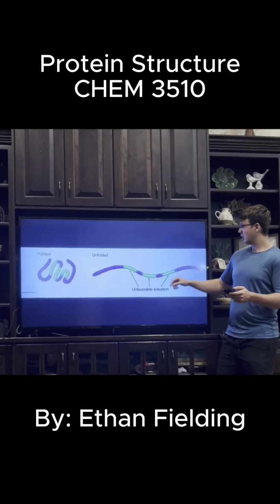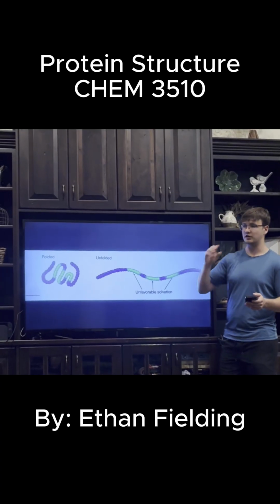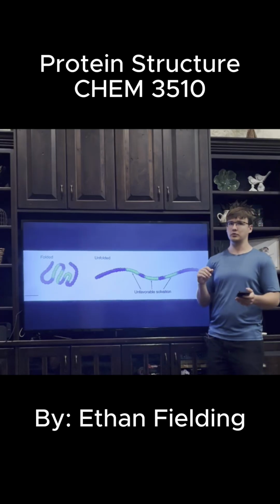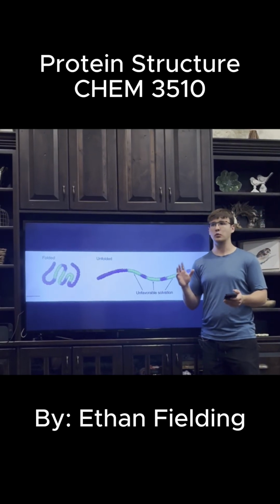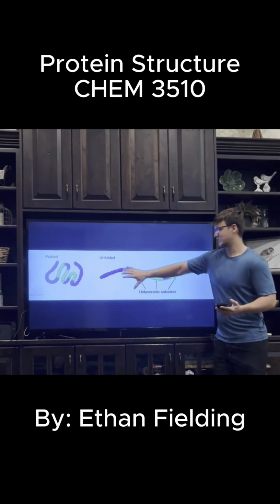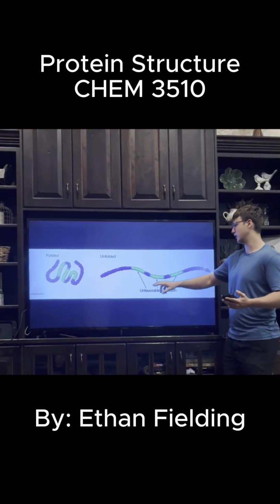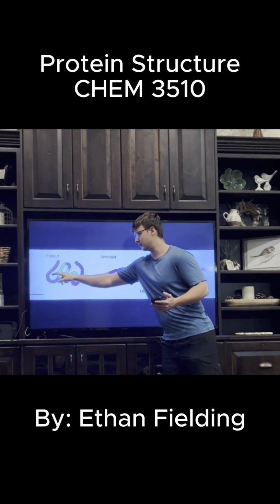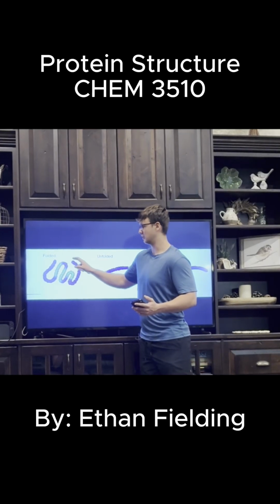So when it gets folded, the entropy of water wants to hydrogen bond with other water in as many different ways as possible. So that's going to force these, let's say these green parts are hydrophobic, it's going to force them into the middle so that the hydrophilic outside can be touching the water.